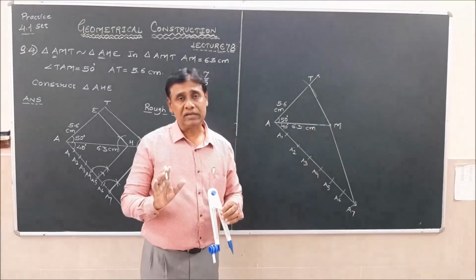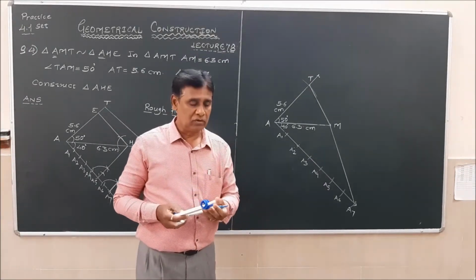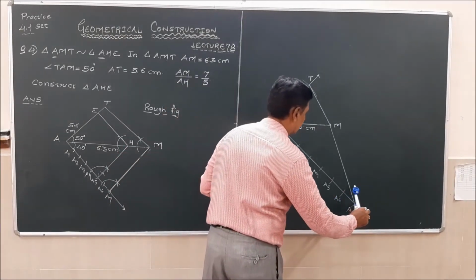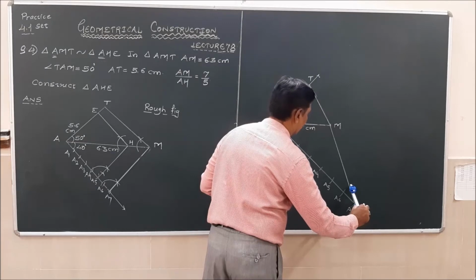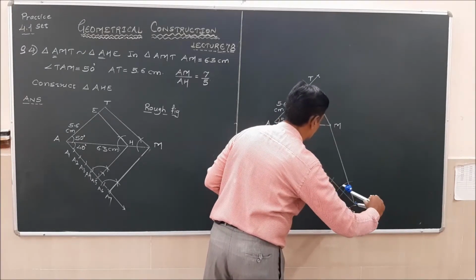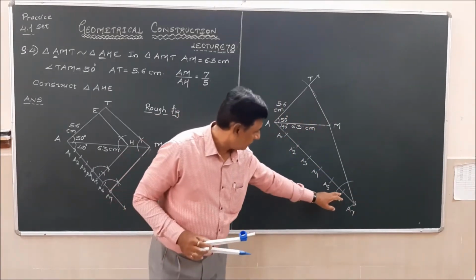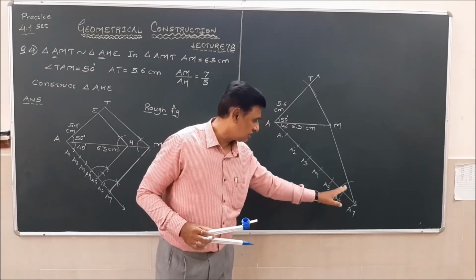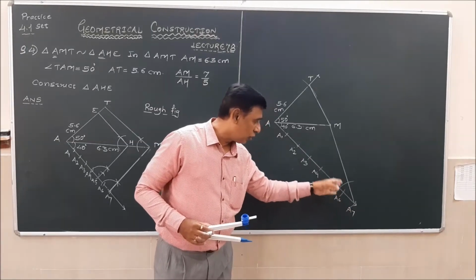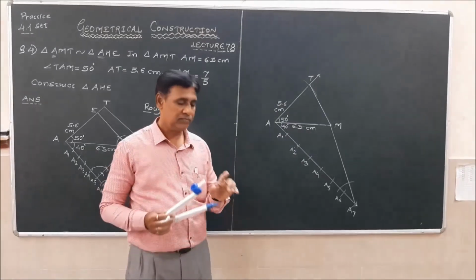This is a little bit critical to understand, how to draw congruent angles. But if you look carefully, I am going to show you very nicely and very patiently. Placing the metal point on A7, draw an arc. No matter whether this arc intersects A7 beyond point A6, it is not going to affect anything.